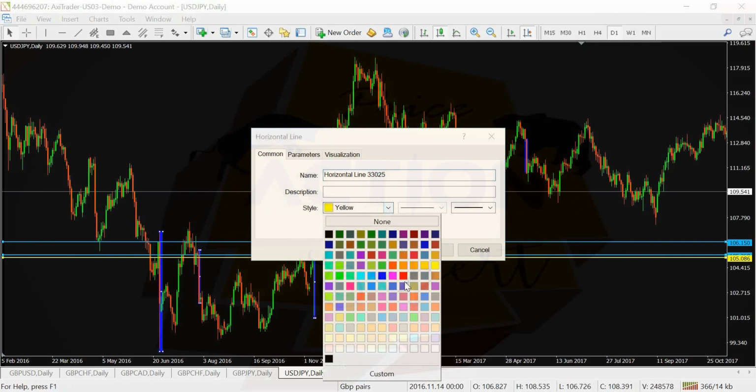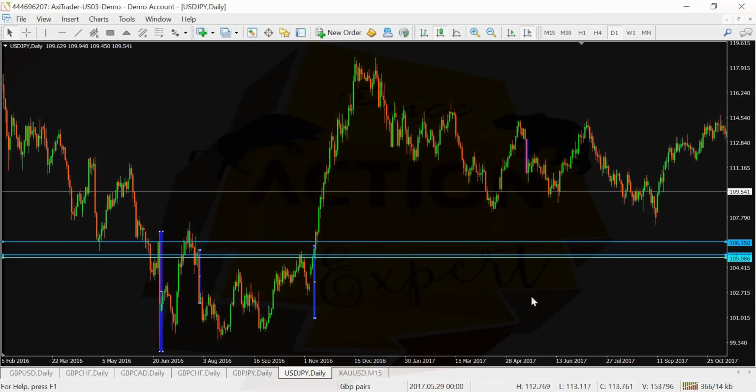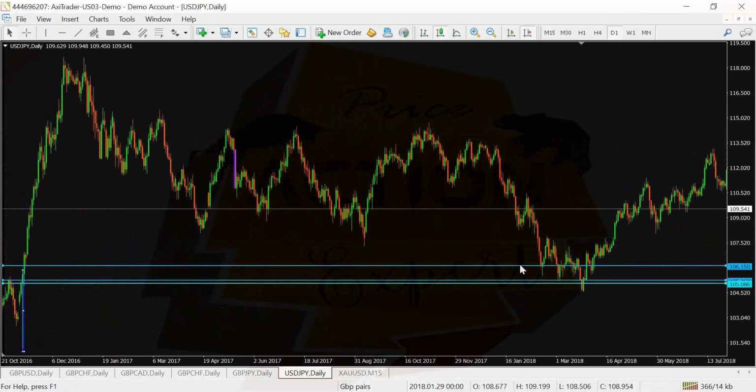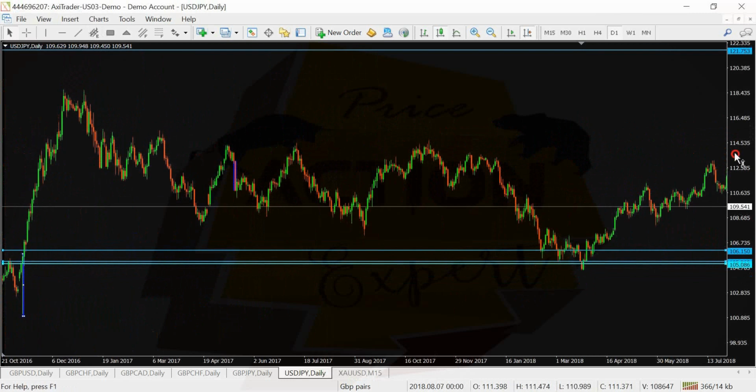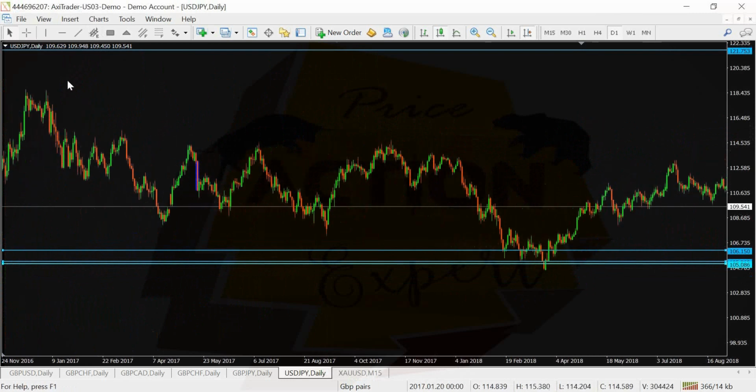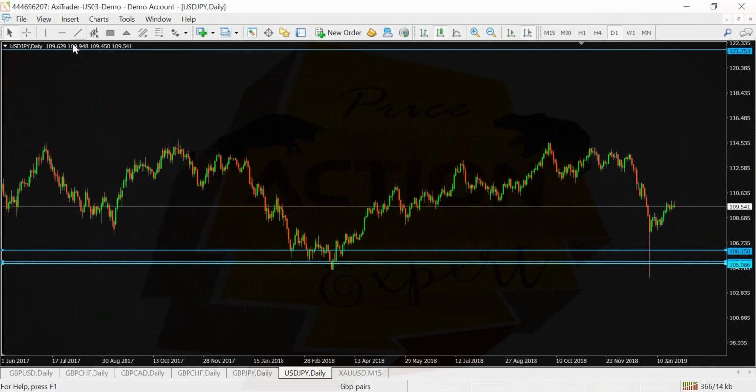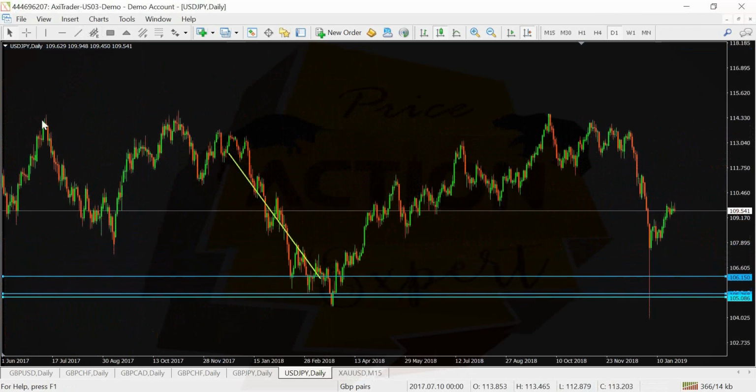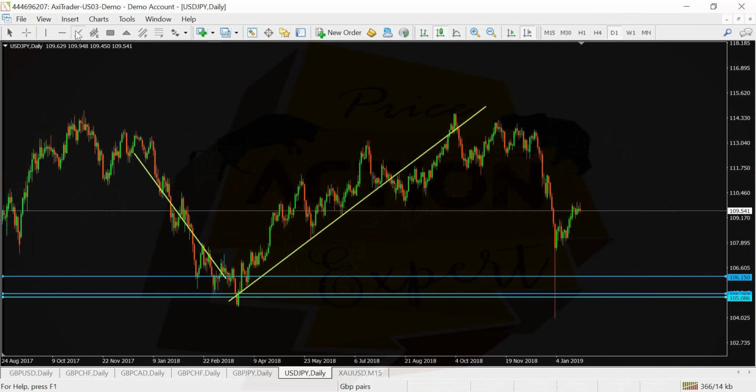Let me mark it in the same color. Okay, when it touches here, this is the Brexit. Actually, the price didn't go there. It stopped here and went up. From there, it went up. See, perfectly.